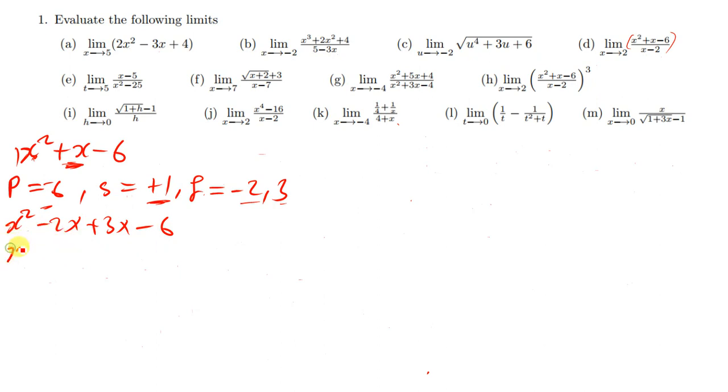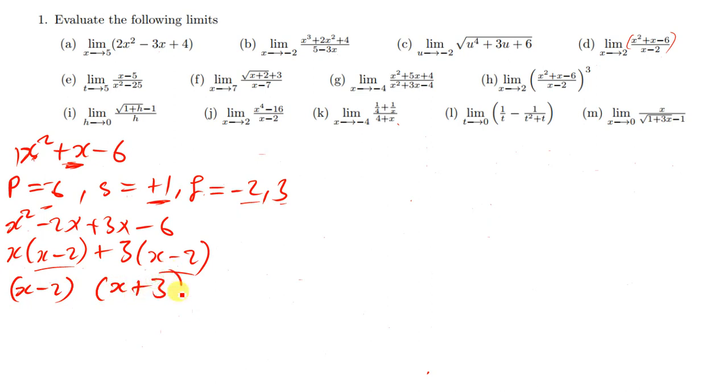When you factorize, you have x outside, and x minus 2 in brackets, plus 3 times x minus 2 in brackets. We pick the common factor and write it, then we have x plus 3.